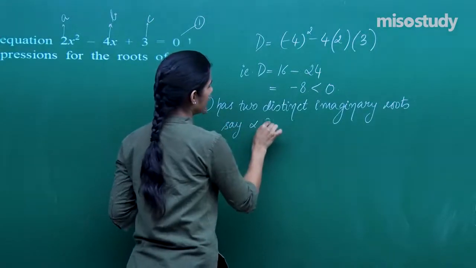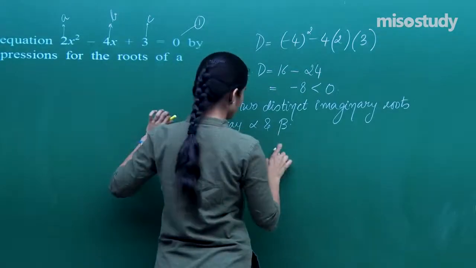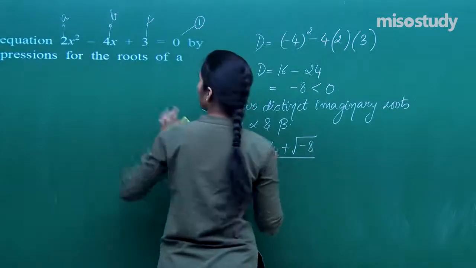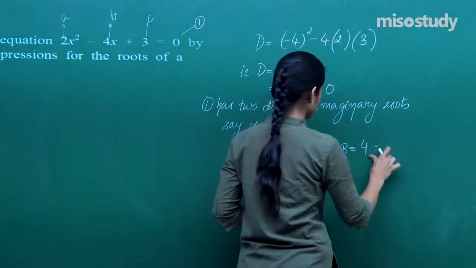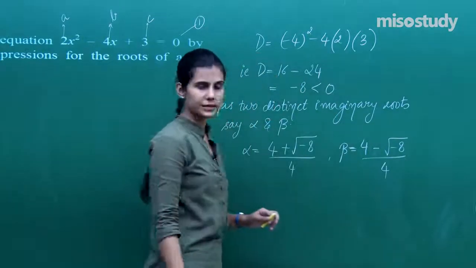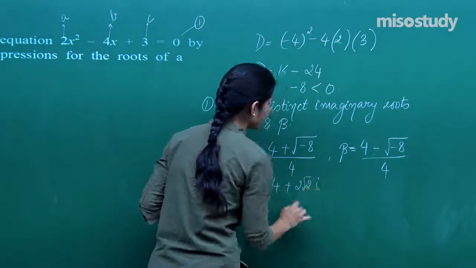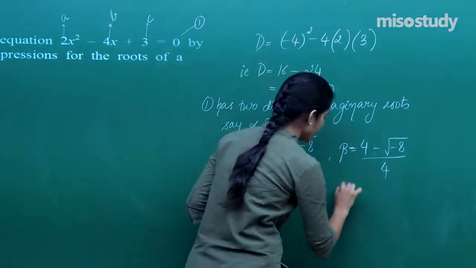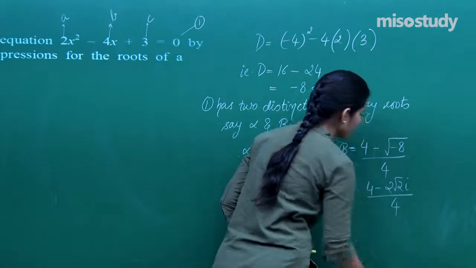Say alpha and beta, where alpha is minus b plus root over b square minus 4ac upon 2a, and beta is minus b minus root over b square minus 4ac upon 2a. This gives you 4 plus 2 root 2 i, because root 8 is 2 root 2 and root minus 1 is i, whole upon 4, and beta is 4 minus 2 root 2 i upon 4.